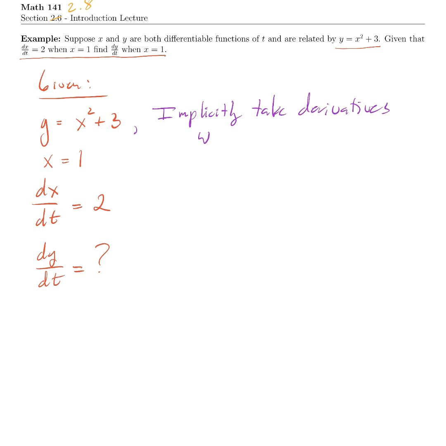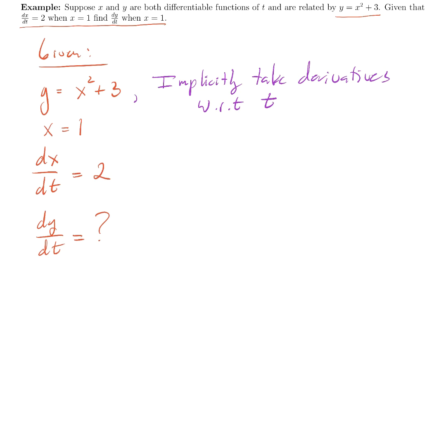Okay, so the derivative of y on the left-hand side of the equal sign, the derivative of y with respect to t is dy/dt. We're going to use that notation here instead of the y prime notation because we are taking derivatives with respect to time or t, and we want to remember that.